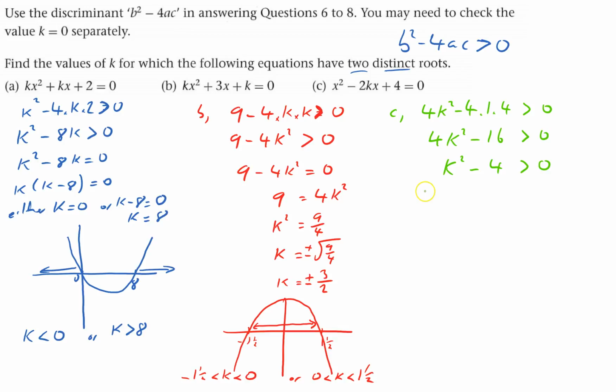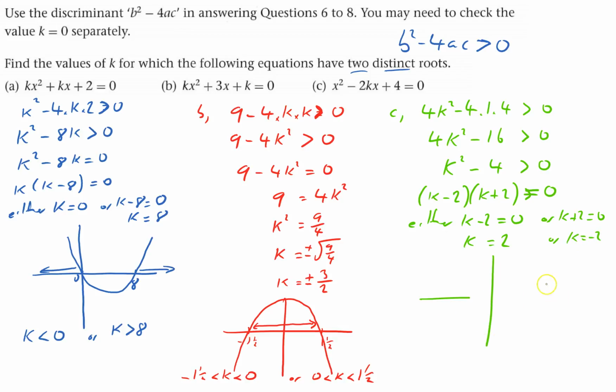Difference of two squares, so I've got k minus 2 times k plus 2. I'm going to make it equal to 0 and find the roots to start off with. So either k minus 2 equals 0 or k plus 2 equals 0, so k equals 2 or k equals minus 2.